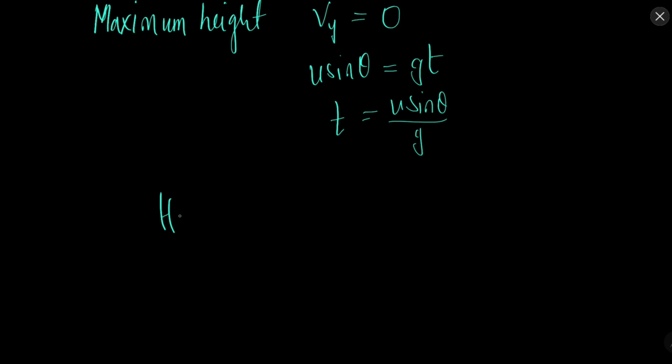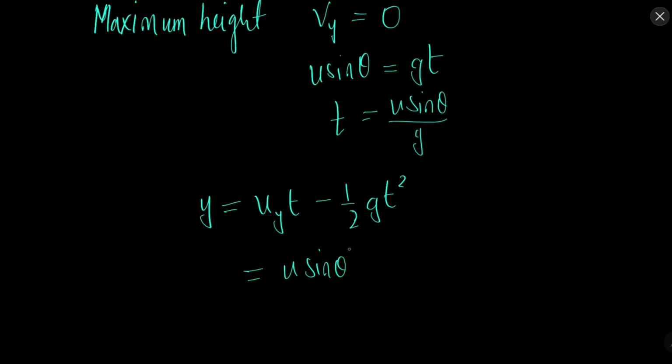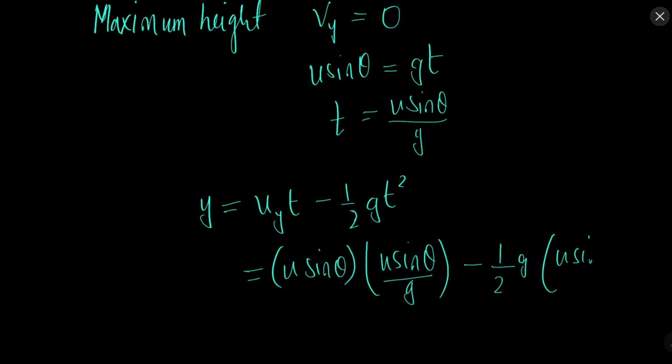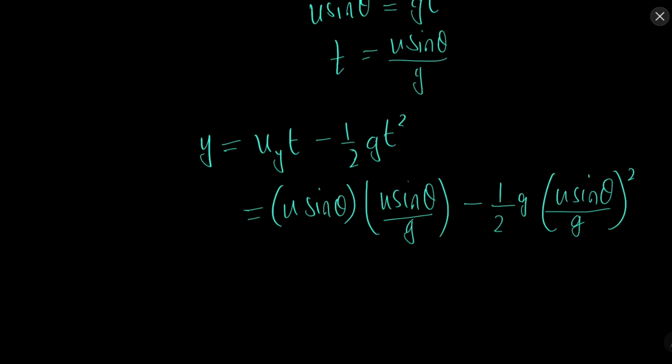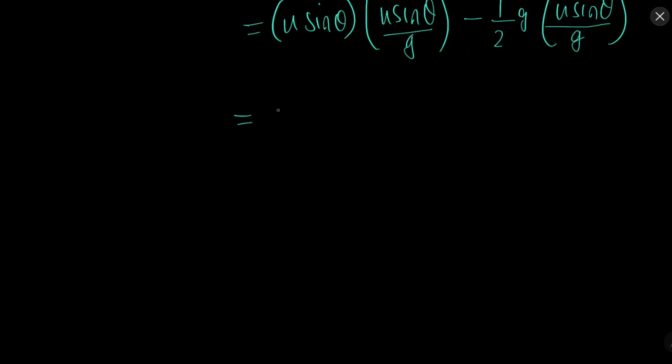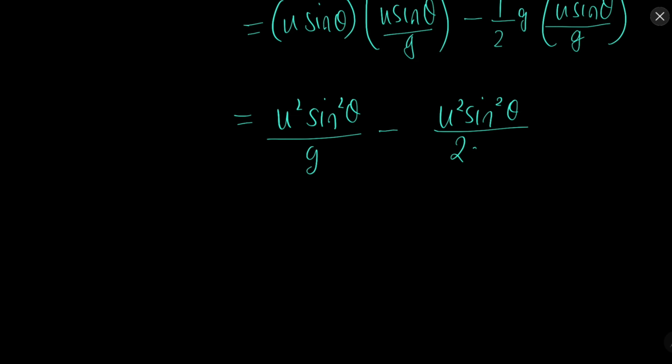Now for maximum height we can write y equal to uyt minus half gt square, and the time is equal to u sin theta by g. So y is u sin theta by g, minus half g times u sin theta by g whole square. So it is equal to u square sin square theta by g minus u square sin square theta by 2g.